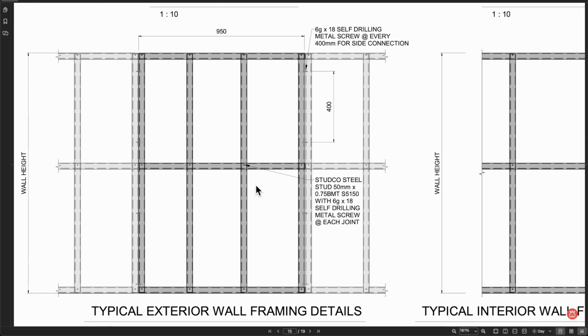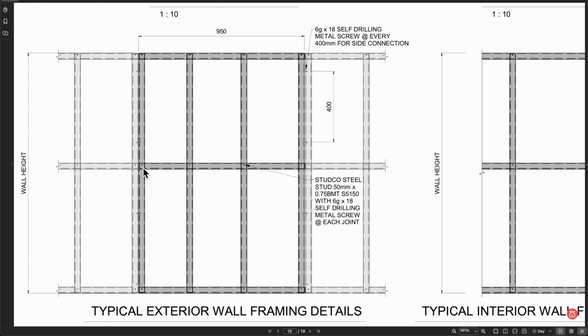So essentially, these need to be 950 wide, these need to be 300 on centre, out of the specific member sizing that the engineer has specified here. At the top here you can see that it slots into the head track, which is your top plate, and then it slots into the bottom plate track as well.